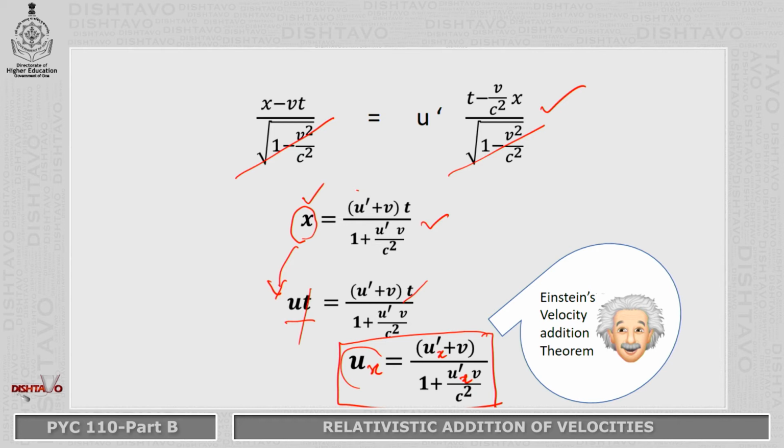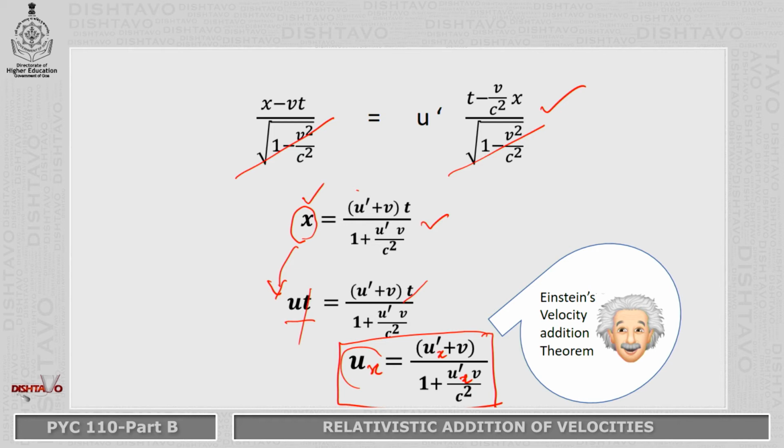Now, let us check whether this equation is consistent for very small velocities as compared to the velocity of light. It should give me the Galilean transformation, and if my passenger is a light signal, meaning any object travelling with the speed of light, then the velocity of that light signal as measured by the observer in frame S should turn out to be c.